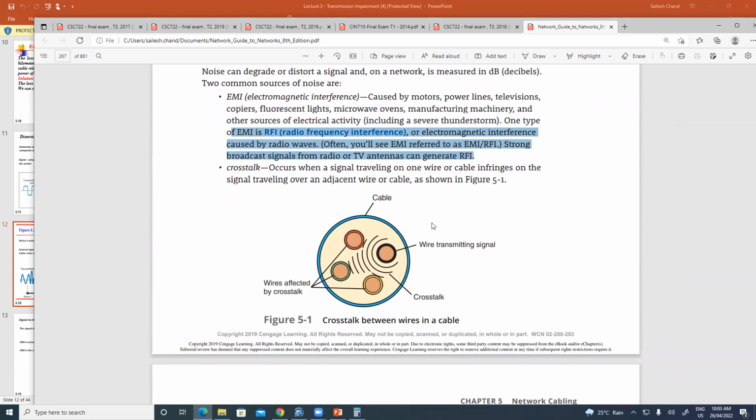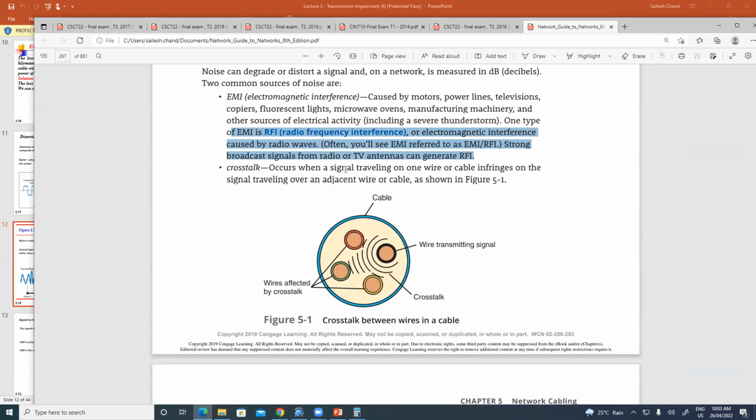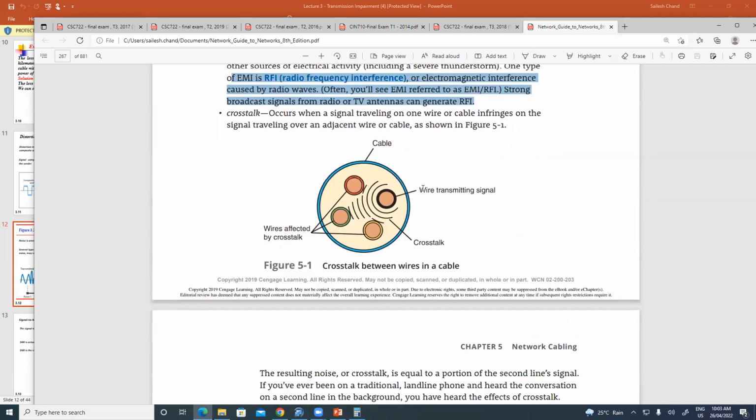Now, an example of noise: crosstalk. Crosstalk is one of the types of noise indicated in your notes here. Crosstalk occurs when a signal traveling on one wire or cable infringes on the signal traveling over an adjacent wire or cable. Look at this diagram here. The wire which is actually transmitting the signal is this particular wire, but its signal is affecting the other wires.